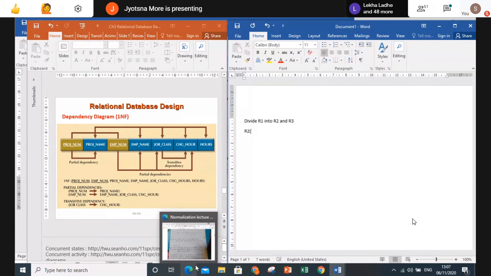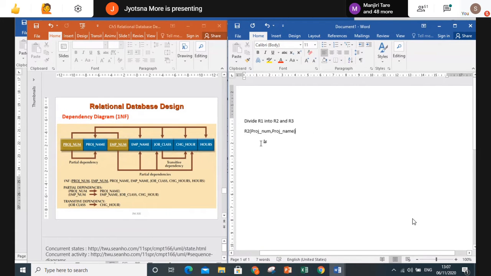So R2 will be project number, comma, project name. In this case, project number will be the primary key because it is a part of my key attribute which is determining the non-key attribute. Till here clear, everyone?